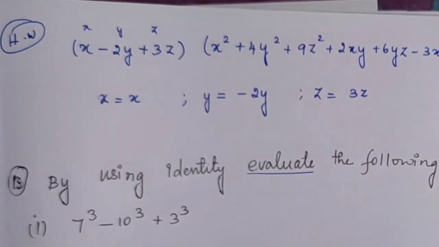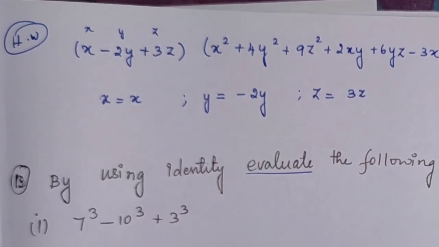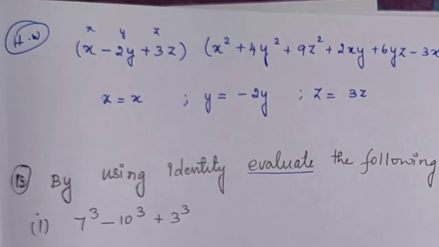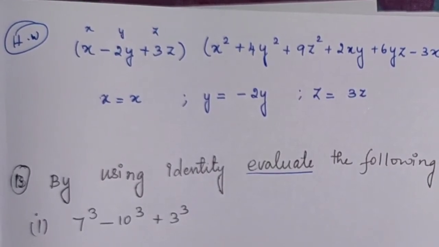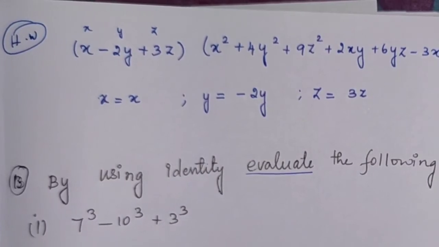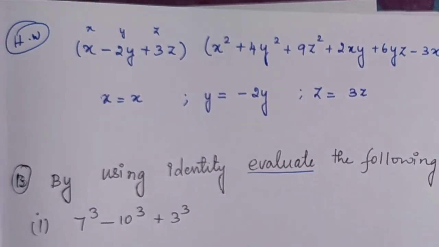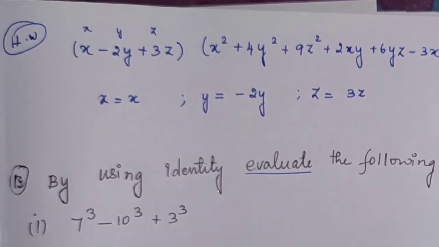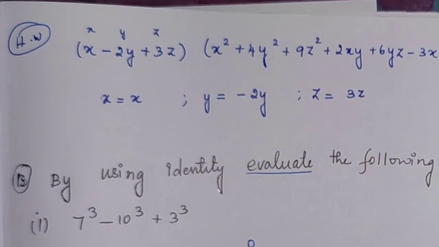So let me find x plus y plus z first. x plus y plus z is equal to 7 plus minus 10 plus 3, so 7 minus 10 plus 3. 7 minus 10 is minus 3, plus 3 becomes 0. So I am getting this term to be 0, right?